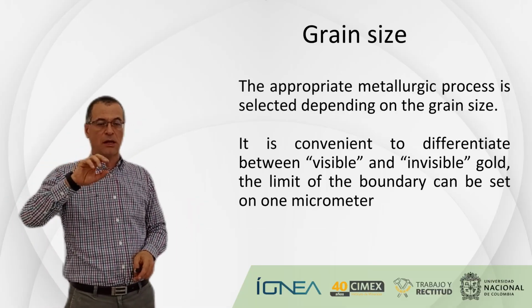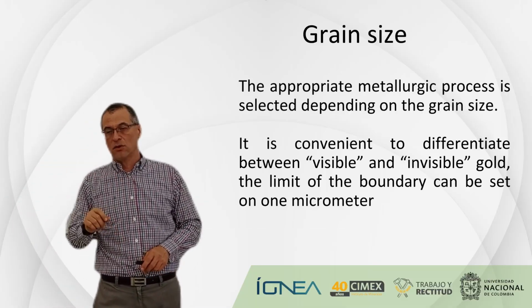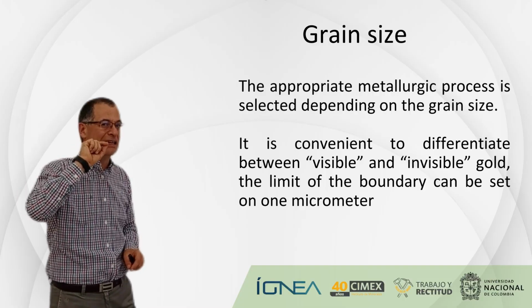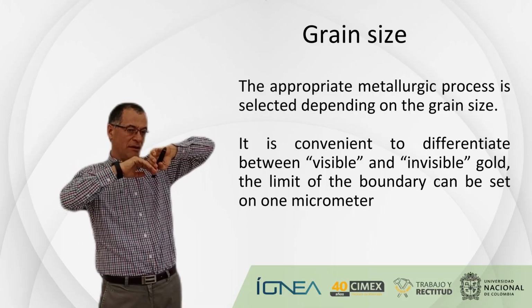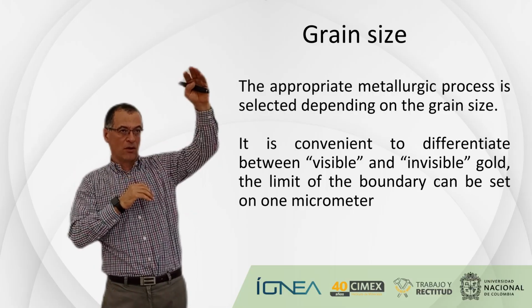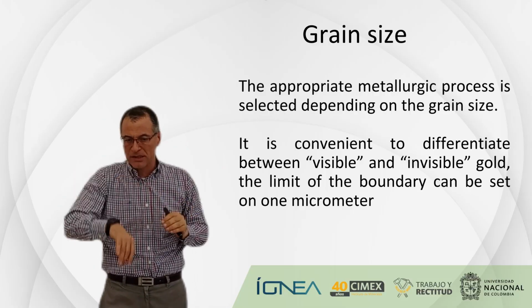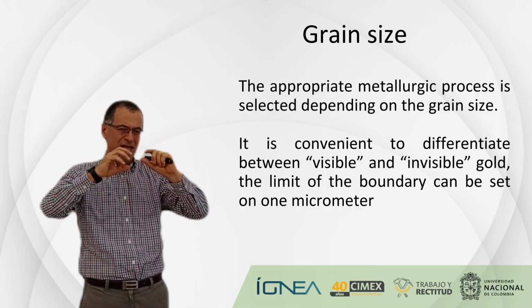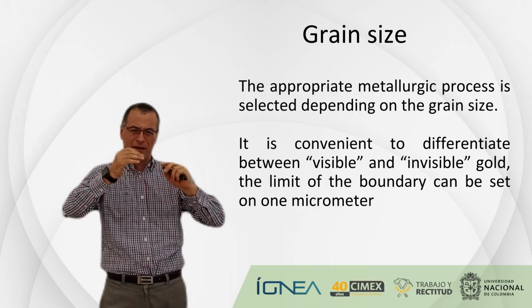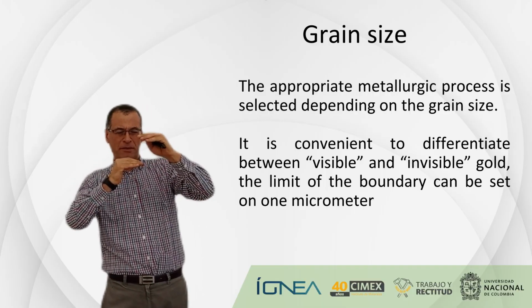One of the points, as we said in the last class also, is the grain size. It's important to divide into visible gold and invisible gold. Remember that the size is between 1 micrometer and 10 micrometers.